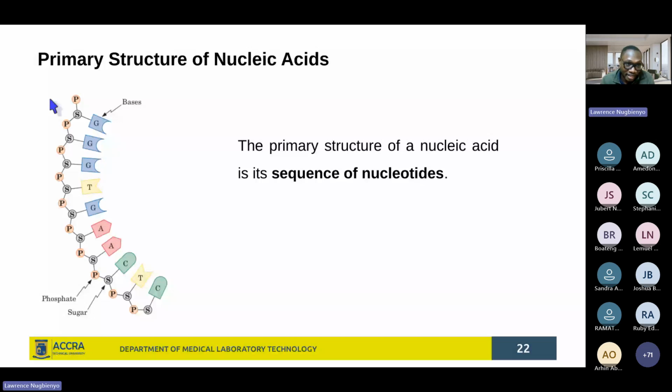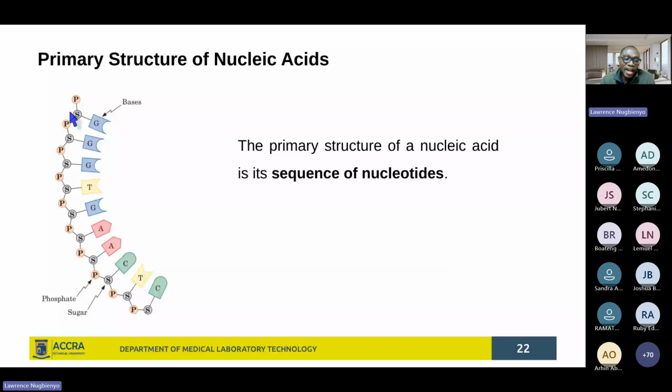Because as you can see clearly, the sugar and the phosphate group are constant in all the nucleotides. So it is the bases that you use as a distinction between the various nucleotides.